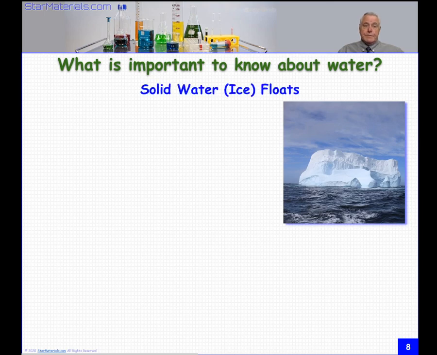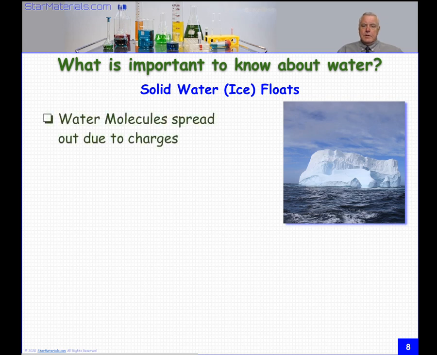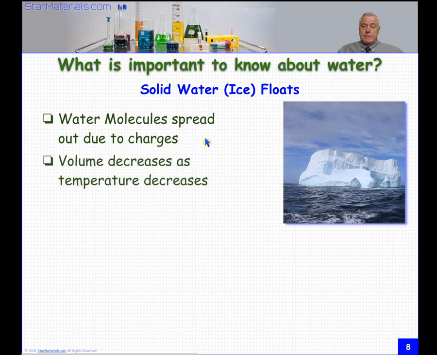Solid water, ice, floats. We all know about icebergs and Titanic. Water molecules spread out due to their charges. Their volume decreases as the temperature decreases, just like other things.